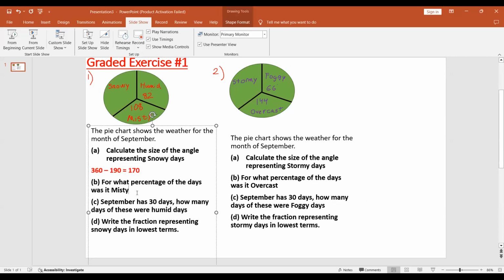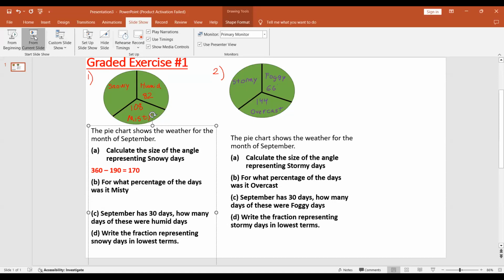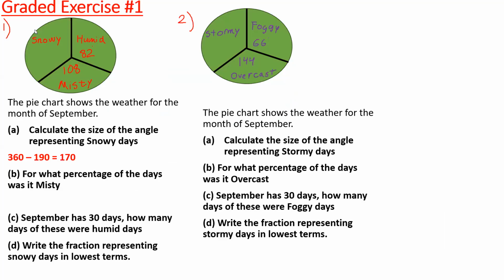And the next one says, what percentage of the days was it misty? Any volunteers for that one? I'll do it. Jevin, let someone else go. You still have work to complete. Anyone else? 30%.